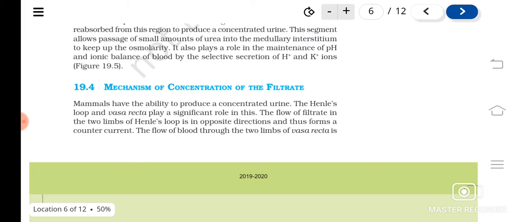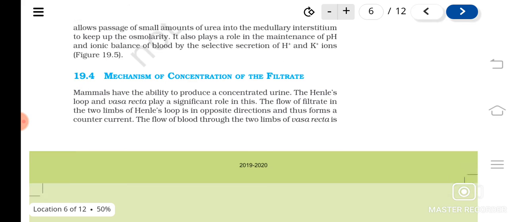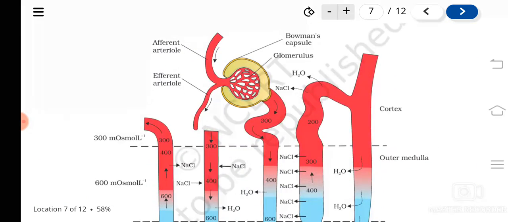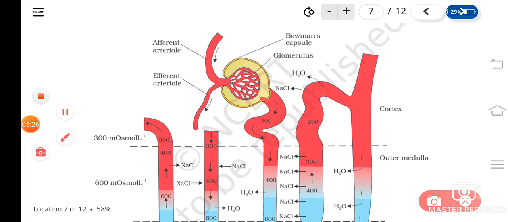Now we are going to study another topic, that is the mechanism of concentration of the filtrate. When blood passes through the glomerulus, we will get the glomerular filtrate here, but that is not the urine, isn't it? And as it moves through the distal convoluted tubule, and when it reaches here, it becomes the urine.